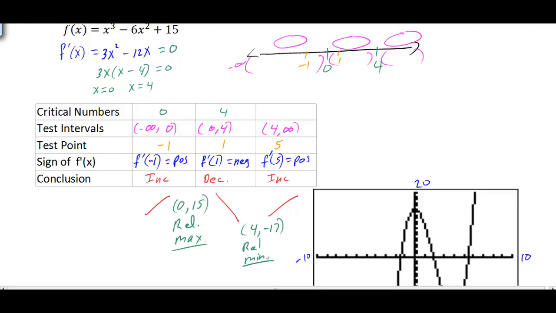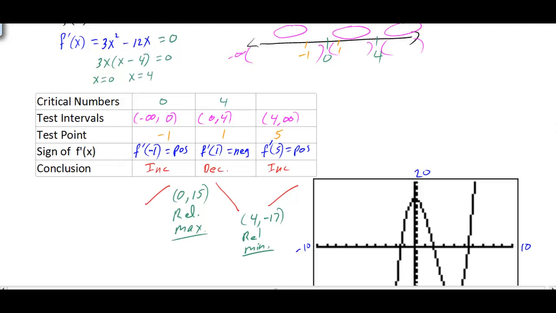Okay, so based on our derivative, what this tells us is if our graph is increasing from negative infinity to 0, at any point it's always going to be positive from negative infinity to 0. So I mean, if you went up here and you picked another point, you could pick negative 2 or negative 20 or negative 2000.